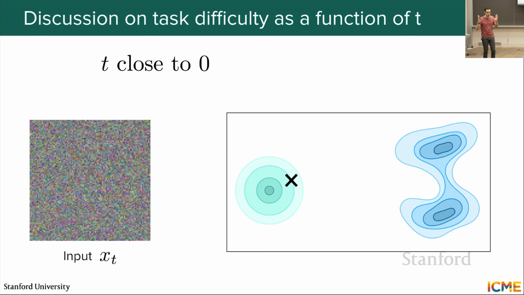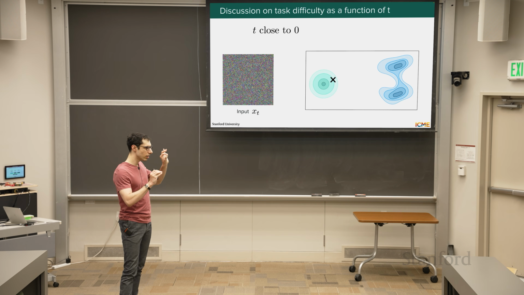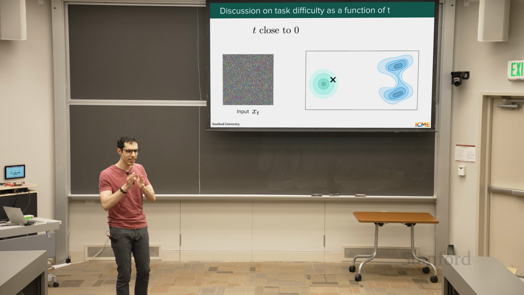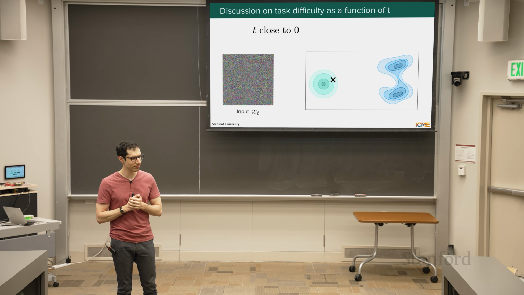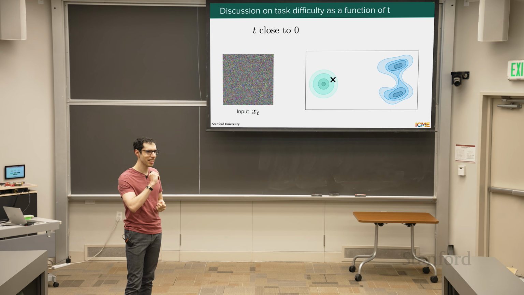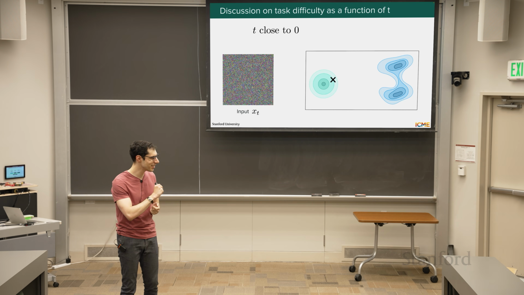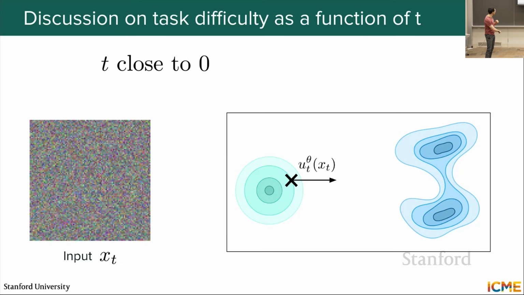If you remember the illustration we had, we have the noisy distribution on the left, and then the target distribution on the right. So what we're saying is, if we sample a noisy latent that is very noisy, is the task of predicting where to go an easy task or a hard task? Yeah, easy? Do you want to say easy? Yes, so it's indeed easy.